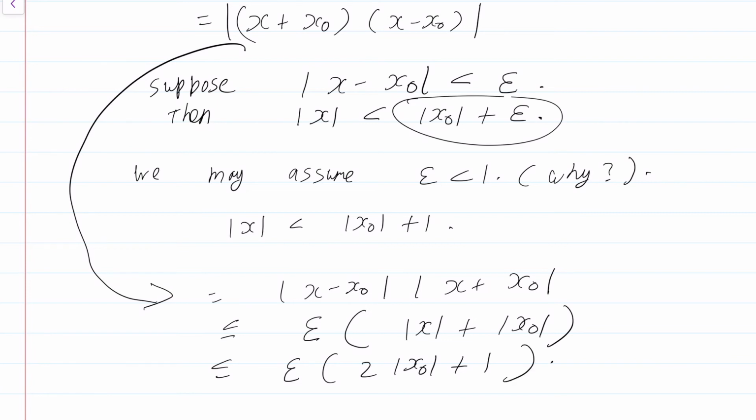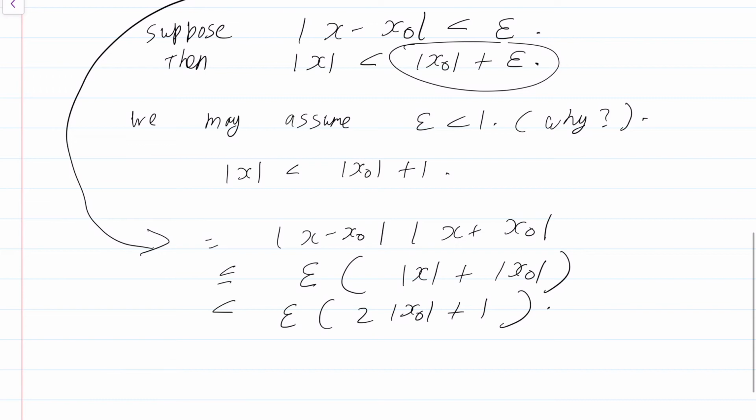I am just using the fact that mod x is strictly less than mod x naught plus 1. So in fact I could have made this strictly less than. Okay. Now we are done.